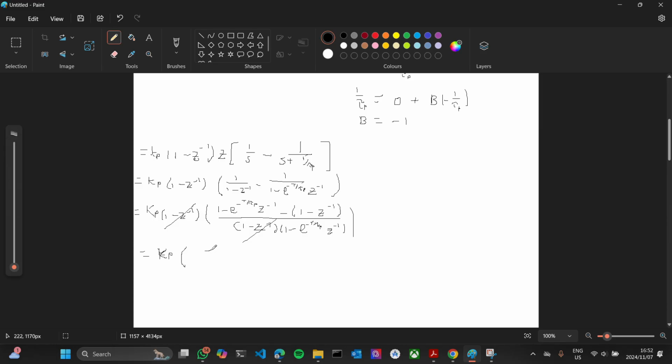So what will be left is z to the negative 1 minus e to the minus T over tau p z to the negative 1, right? And that's all over 1 minus e to the minus T over tau p z to the negative 1.